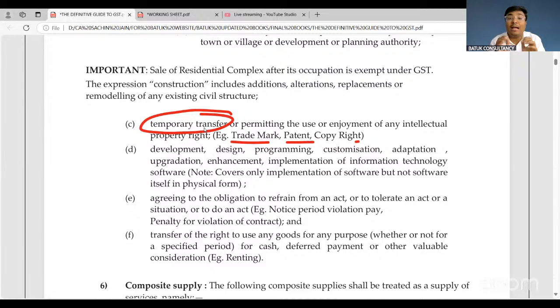And if the IPR is transferred permanently, that is called supply of goods. Supply of development, design, programming, customization is called supply of services. But if any software is provided through a DVD, CD drive, or pen drive, the same will be treated as supply of goods, because it is supplied in physical form.